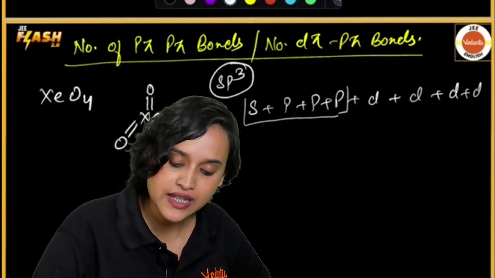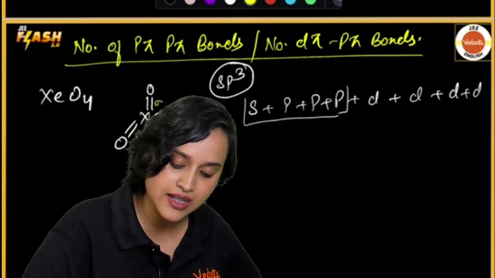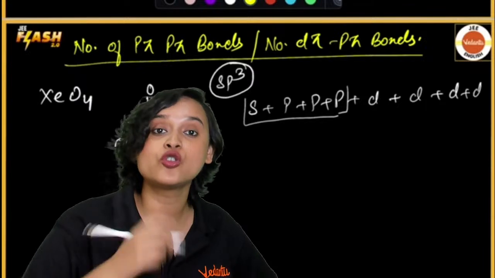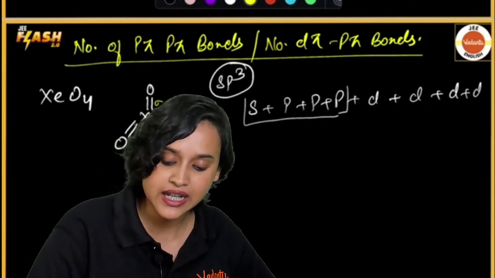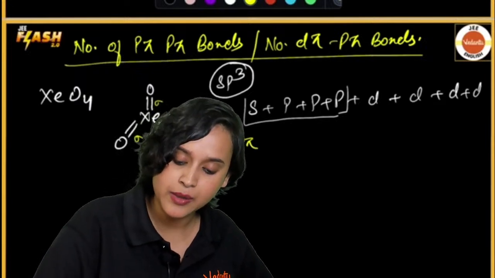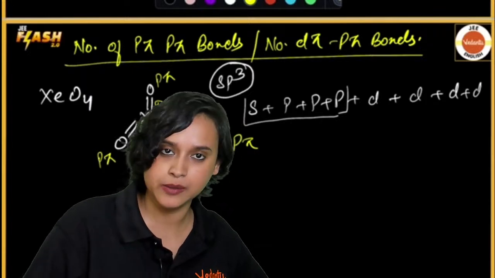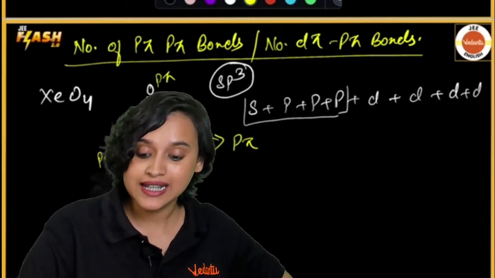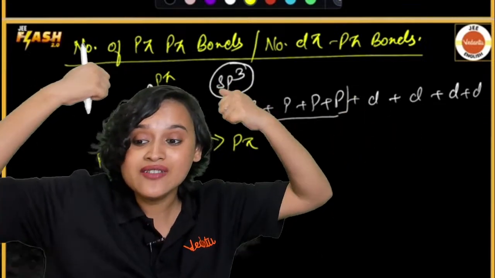So there are 4 sigma bonds. This is a sigma, this is a sigma, this is a sigma, this is a sigma. But there are also 4 pi bonds. For these 4 pi bonds, oxygen will obviously always give a p orbital to form the bond, so there will be a p pi here. But xenon does not have any more p orbital.